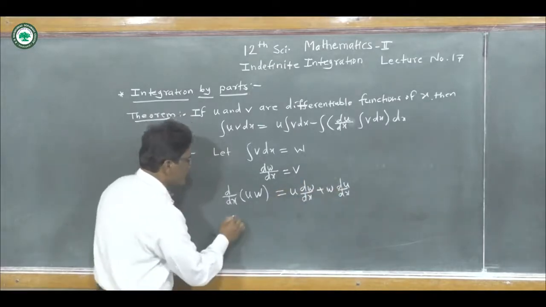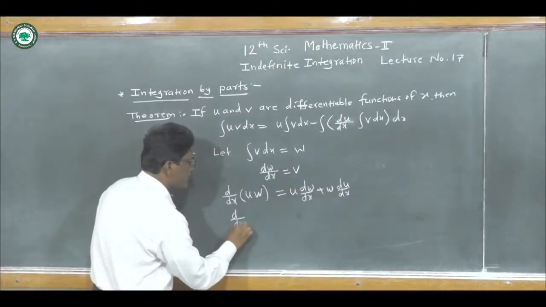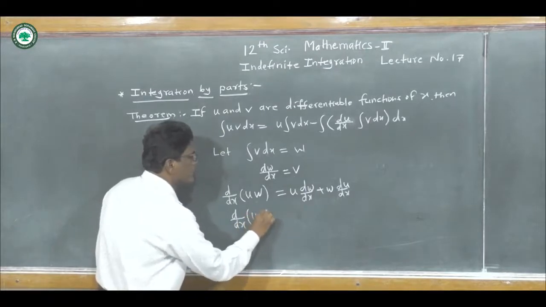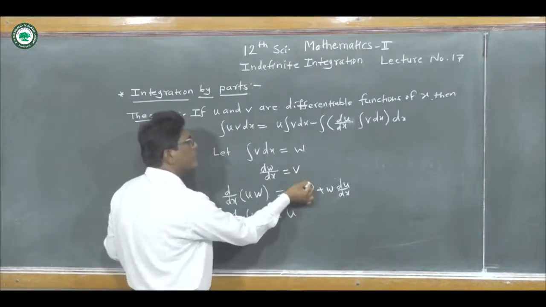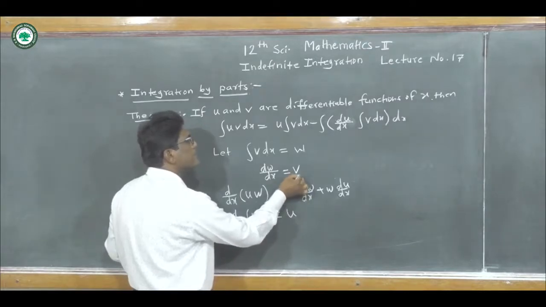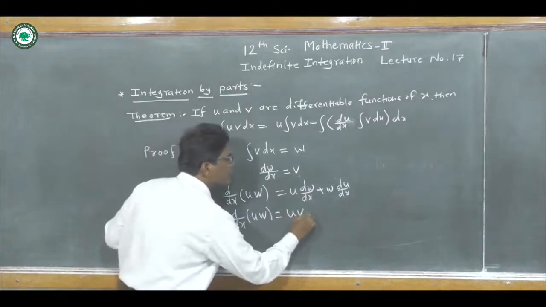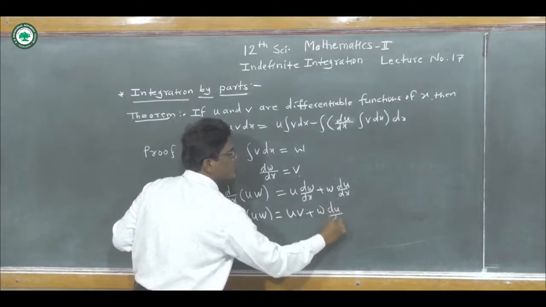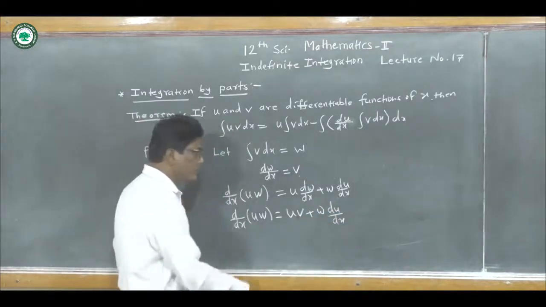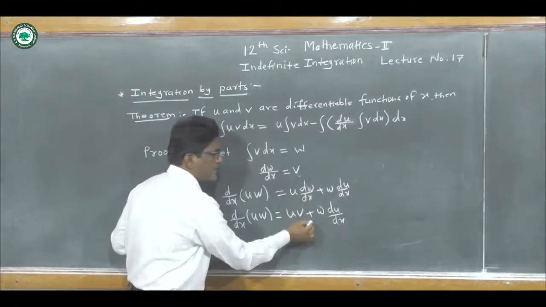Now we put the value of dw by dx. Here it is v. So uv plus w into du by dx. Get it? Only we put here dw by dx as v.